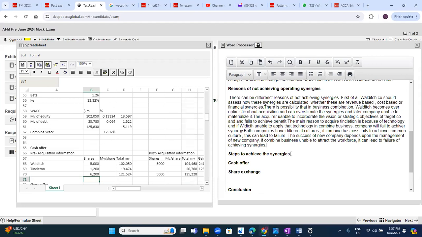We should give autonomy to the workforce. We should give the proper attention to this acquisition, because it is our history that we didn't give the proper attention. That's why we are selling the infrastructure division. And we should do the proper communication with the staff in order to achieve the objectives. Okay? You can write these. It's very difficult to write, to be honest. So write this. Steps to achieve the synergies.